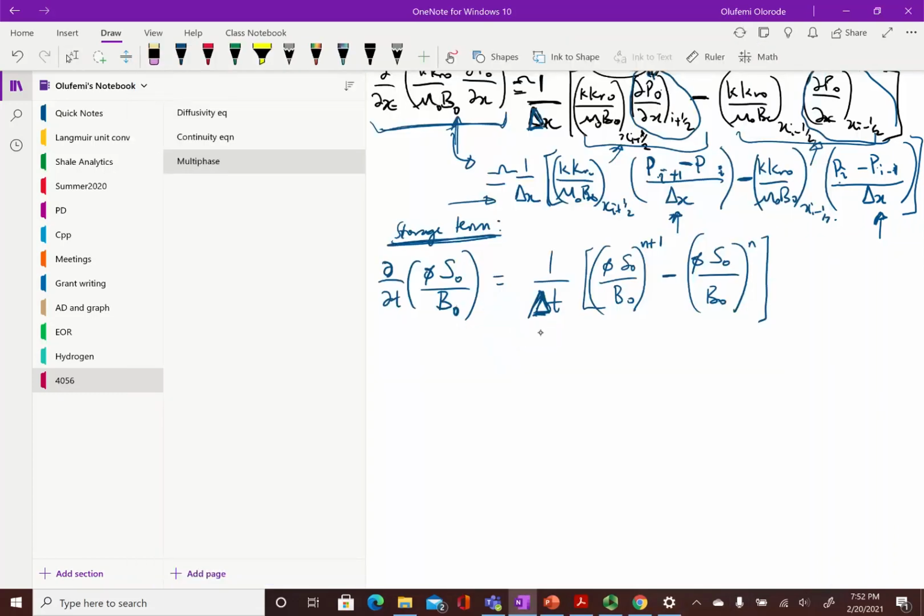So multiply both sides, right, by cell volume, the volume of the cell, which is what? Delta X, delta Y, delta Z.